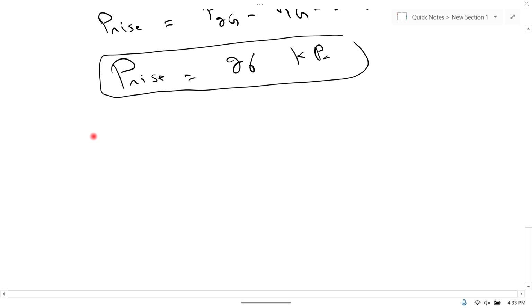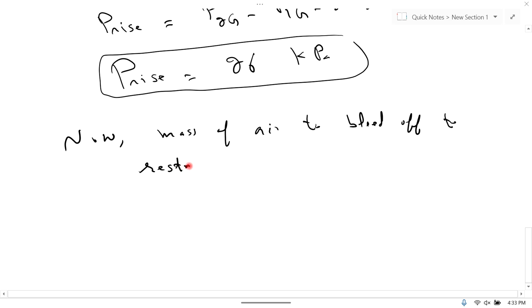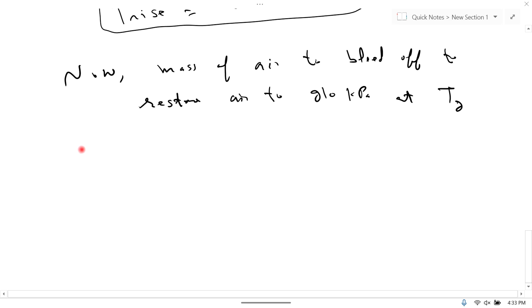So now we have to find the mass of air to bleed off, or removed, to restore the pressure to 210 kilopascal at temperature T2. For this, first we find M2.